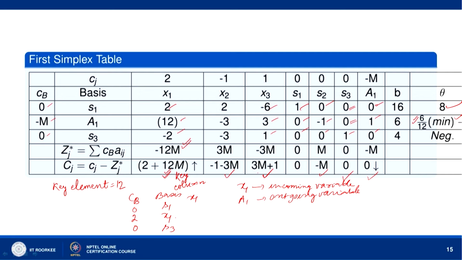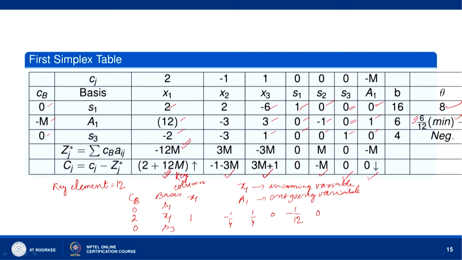So, when you divide the key row by 12, the key element, what we get is 1, minus 3 by 12, so minus 1 by 4, and then 3 by 12, so 1 by 4, and then we get 0, and then we get minus 1 by 12, okay, this is minus 1 by 12, and then this is 0, okay.